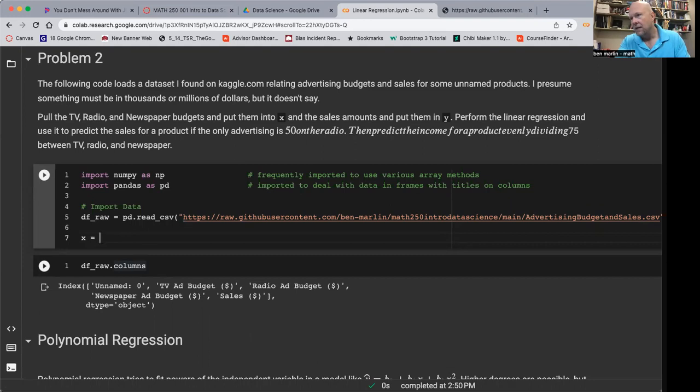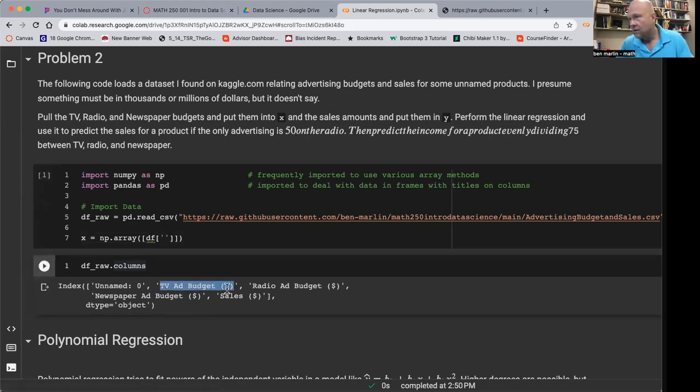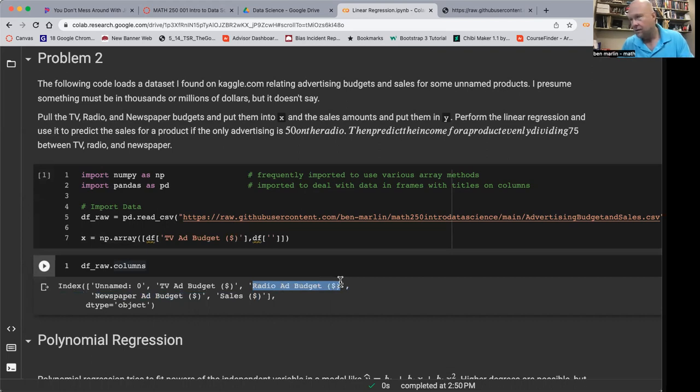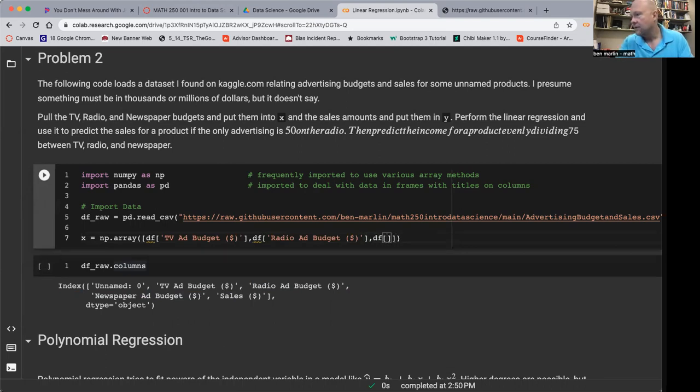I am going to want to say my X is equal to, I believe it's np.array, square bracket, df, tick mark, TV ad budget, comma, df, tick mark, radio ad budget, comma, df, tick mark, newspaper ad budget.